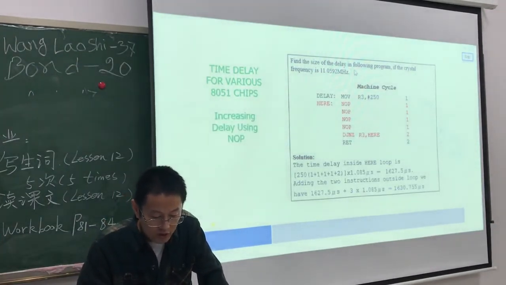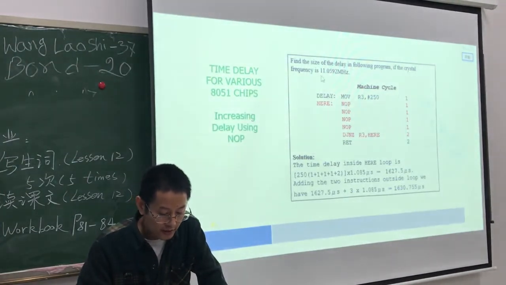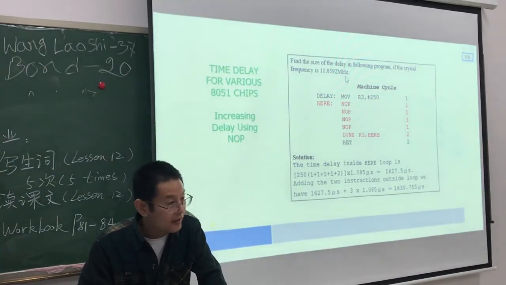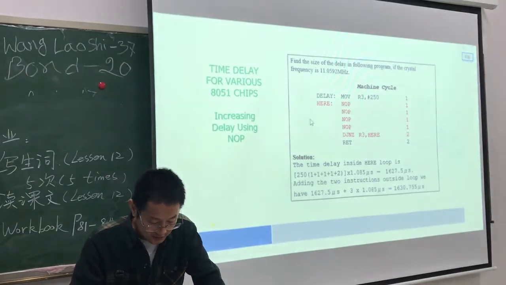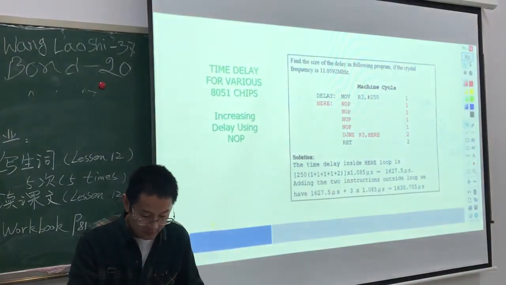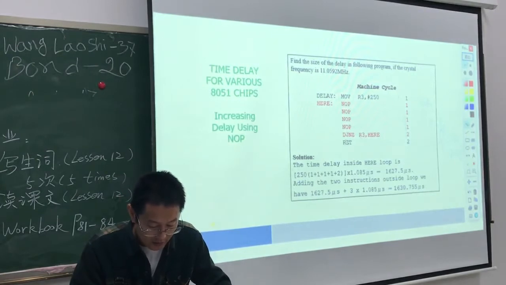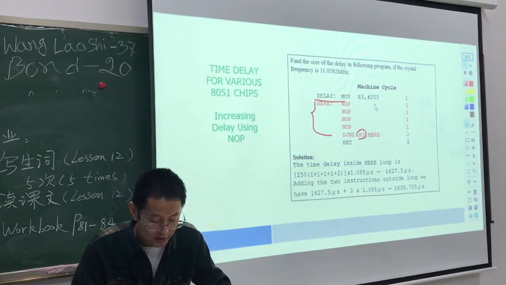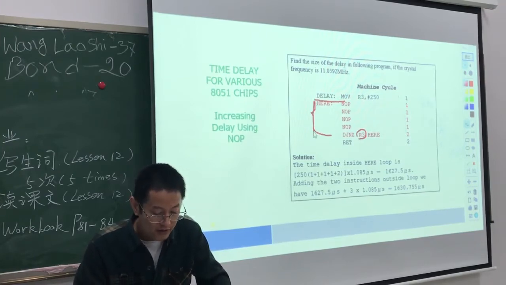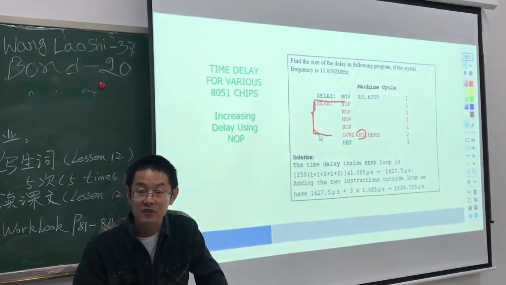Find the size of the delay in the following program if the crystal frequency is 11.0592 million hertz. Here is a loop. R3 is 250, so the loop executes 250 times.